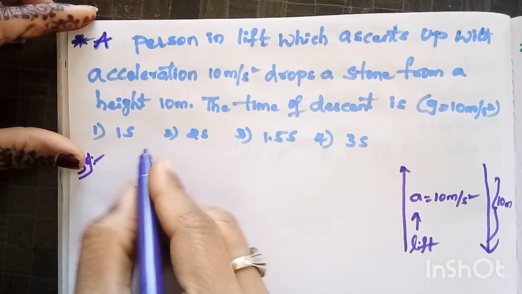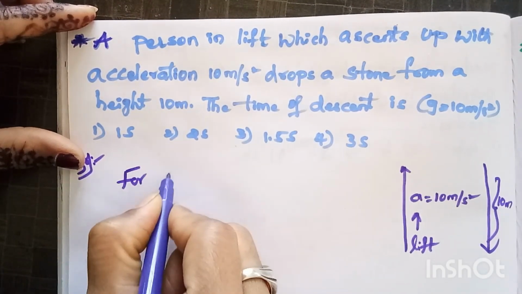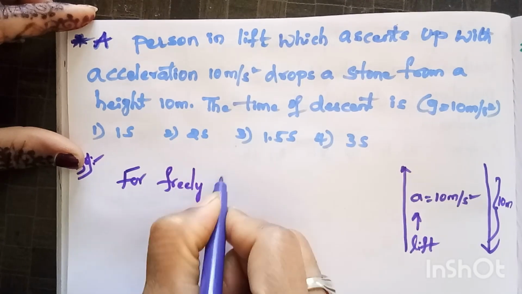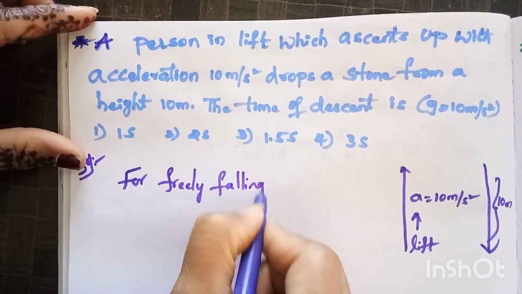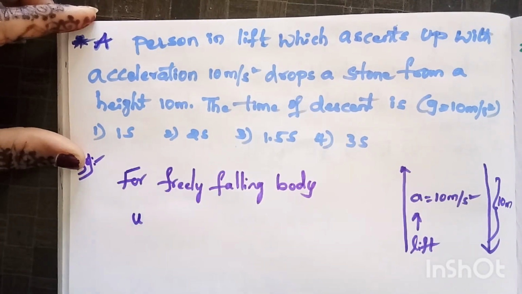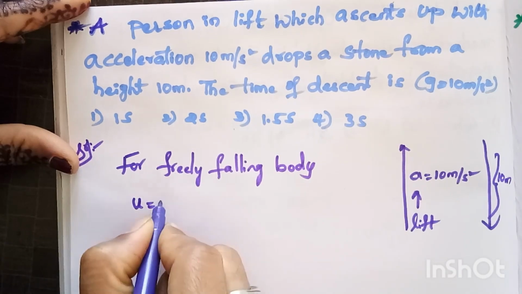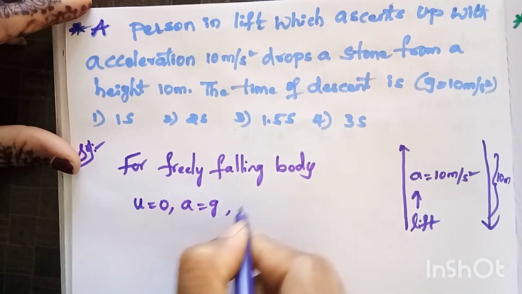So for a freely falling body, as you all know, u equals 0, a equals g, s equals h.